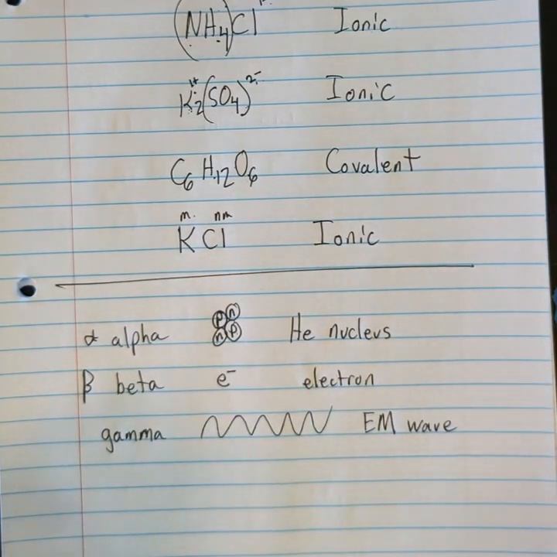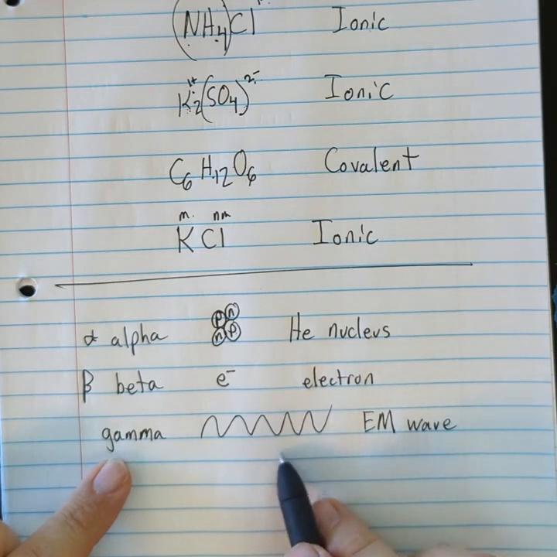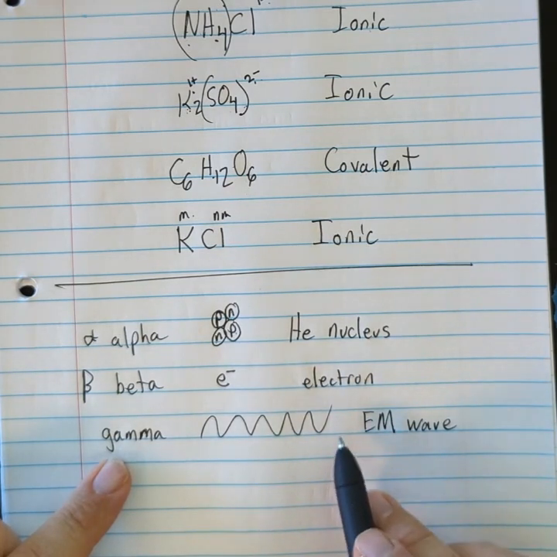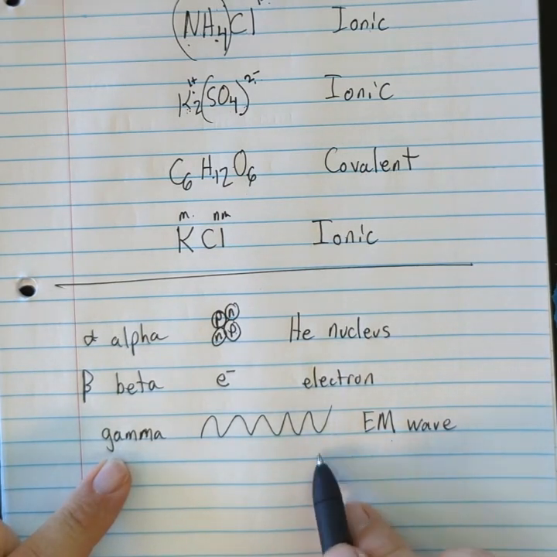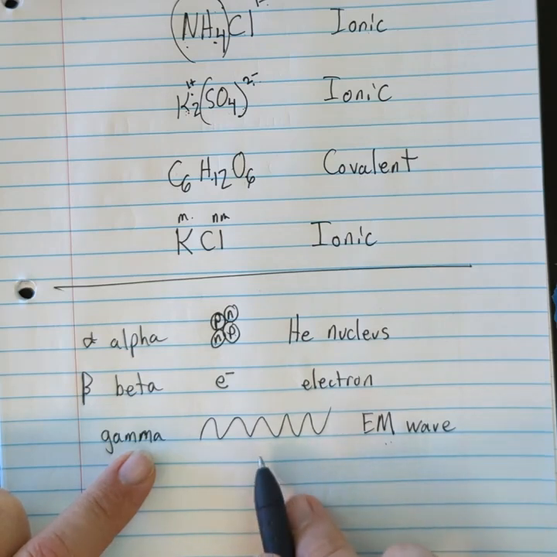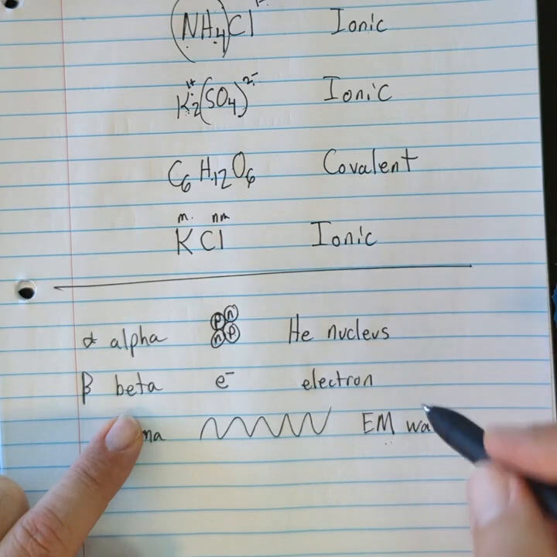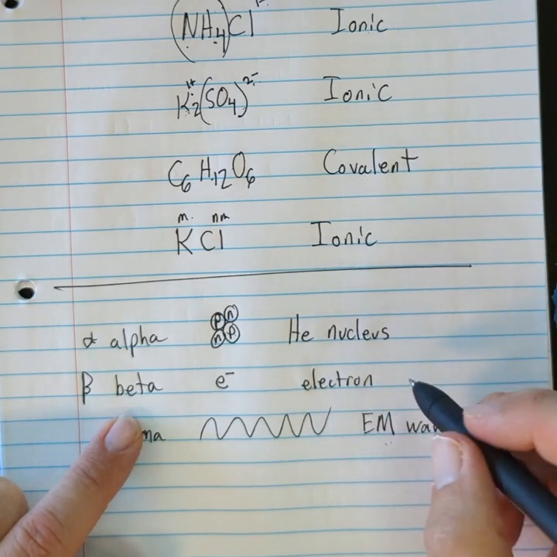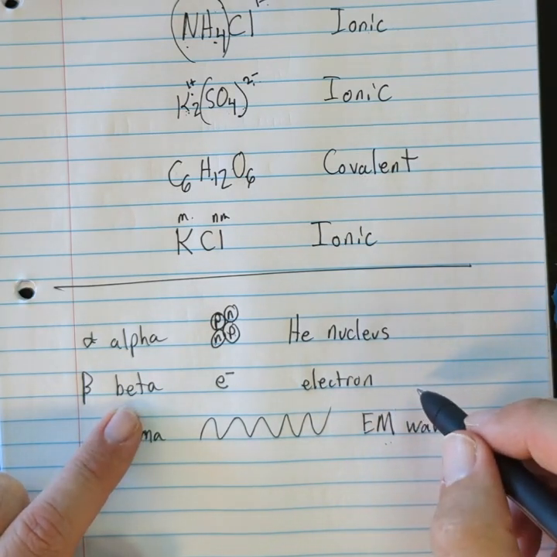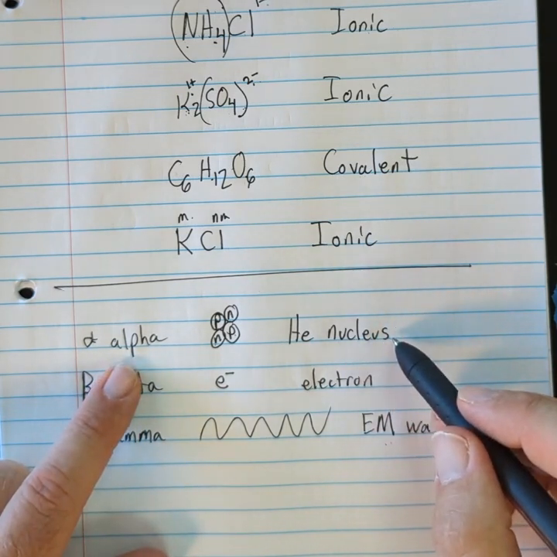And so gamma radiation will penetrate the most. You would need a lot of protection, like really thick lead, to protect yourself from gamma radiation because it's just a wave. We are protected on Earth by the Earth's magnetic field. Beta decay are electrons. They're very small, so you need more protection from them. And then alpha decay doesn't penetrate that much.